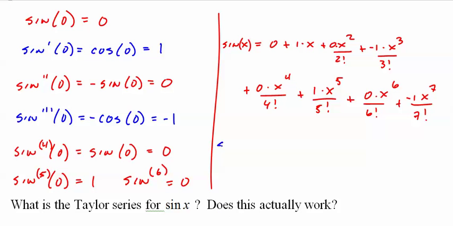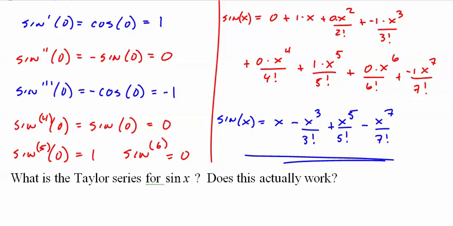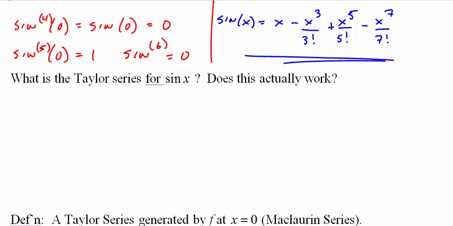Sine of x is approximately x minus x to the third over 3 factorial plus x to the fifth over 5 factorial minus x to the seventh over 7 factorial. So what's the Taylor series for sine of x? Now that we've done the first bunch of terms, we should be able to recognize it.